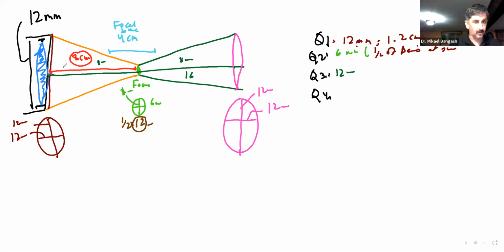From the source to the focal point, the distance was 8 centimeters. So this was your focal point or focal depth. So at what depth or at what point is the focus? It is going to be at 8 centimeters.